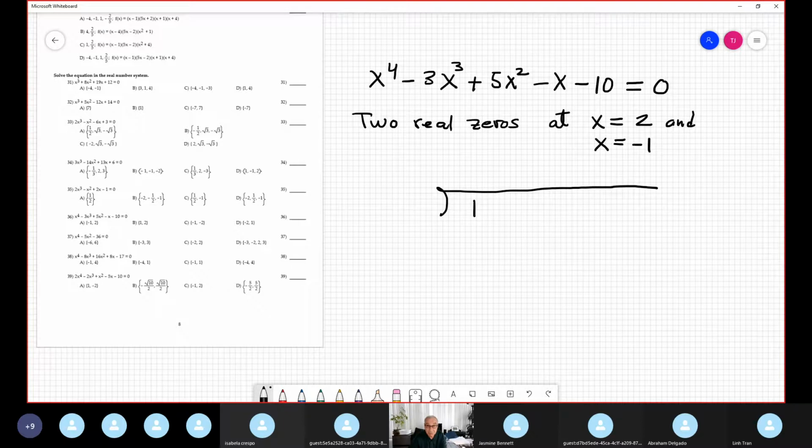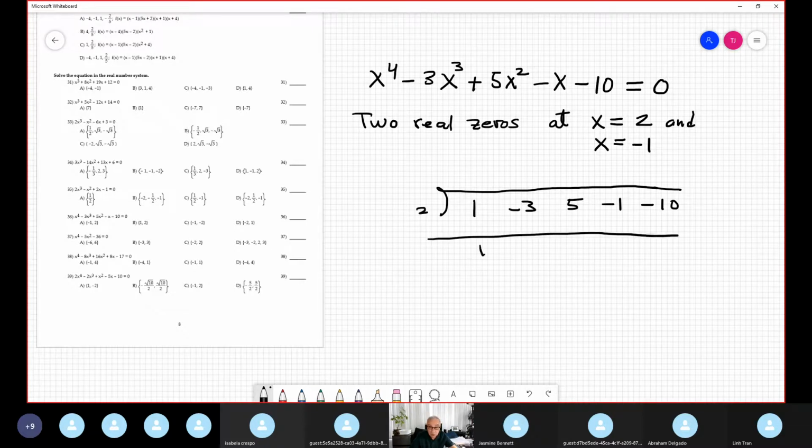It doesn't matter the order that you do the synthetic division, because basically they are factors, and when you multiply, the order is not important. The coefficients are 1, negative 3, 5, negative 1, and negative 10. I select 2 first.